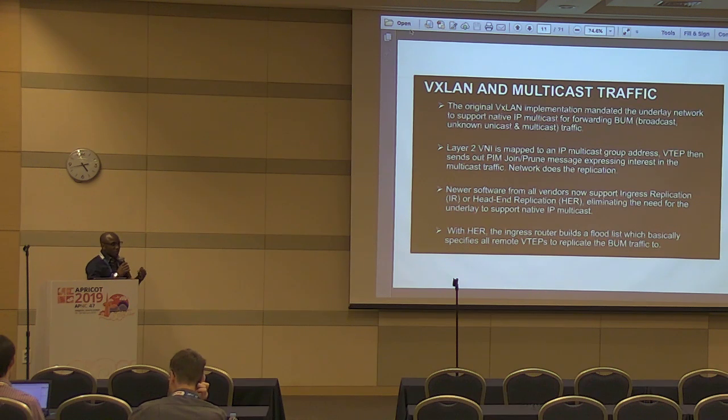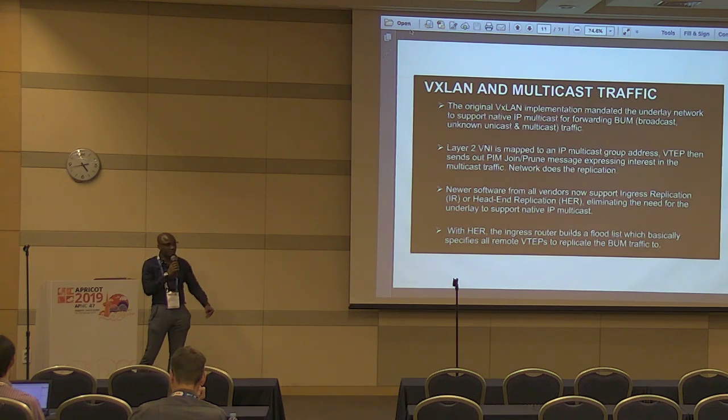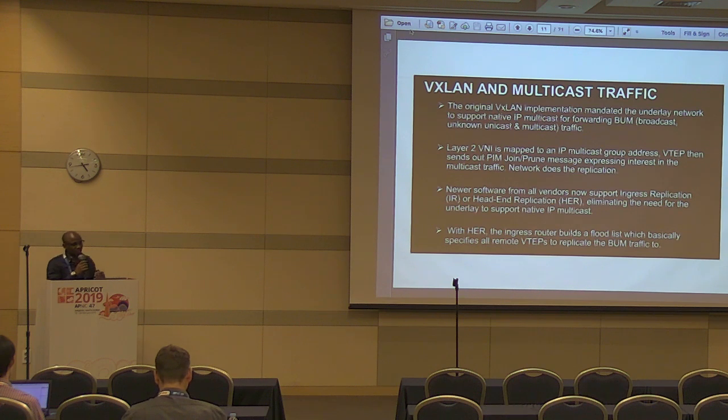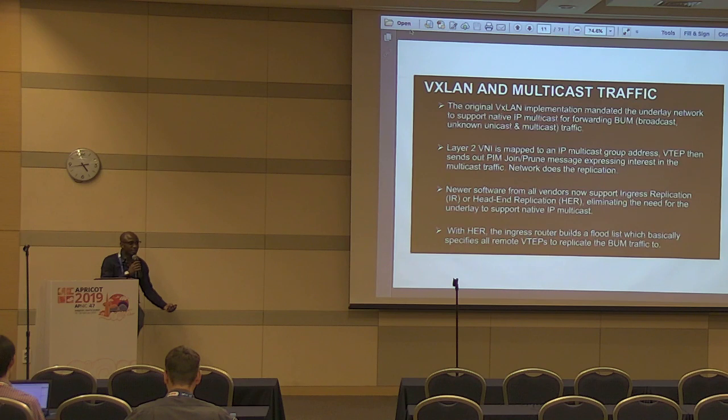The flood list is the list of remote VTEPs that I'm going to forward any bump traffic to. And the advantage of having Ingress replication is you don't need to have native multicast in the underlay. So you abstract away the need to have the underlay running native multicast.